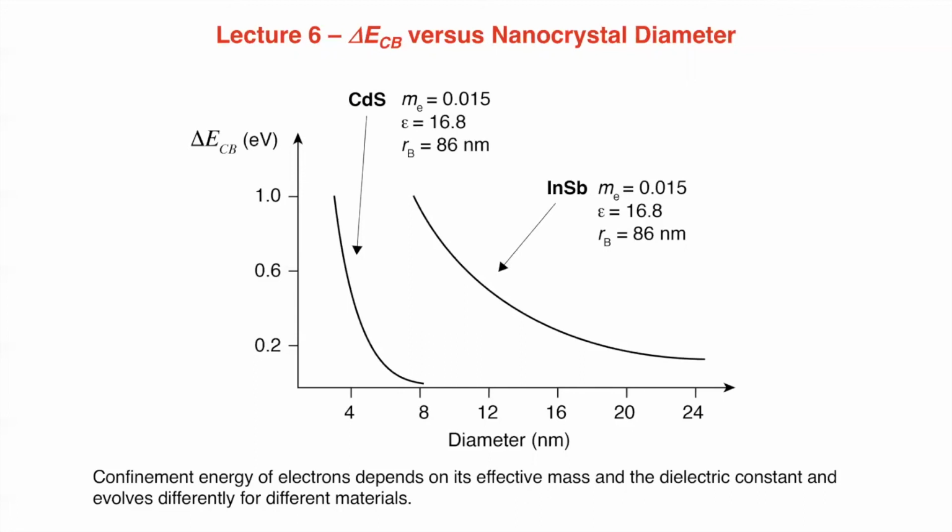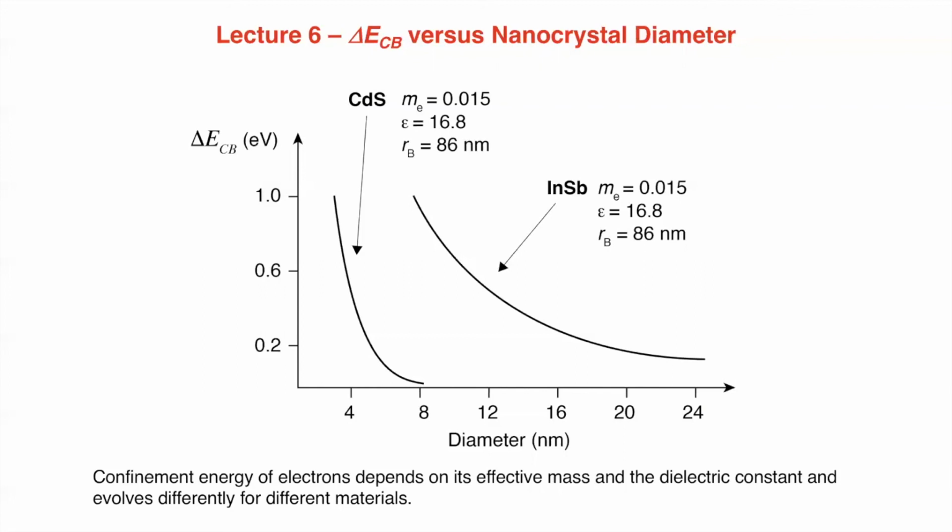Exciton Bohr radii are much smaller. Looks like I've copy and pasted the values of indium antimonide next to cadmium sulfide here. In fact, the mass of the electrons are higher in cadmium sulfide. The dielectric is smaller and the Bohr exciton radius is smaller, like was shown in the previous slide.